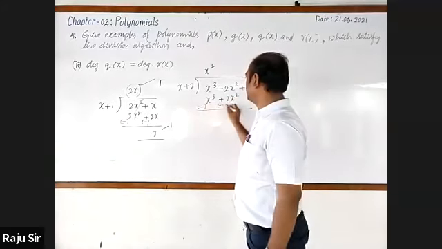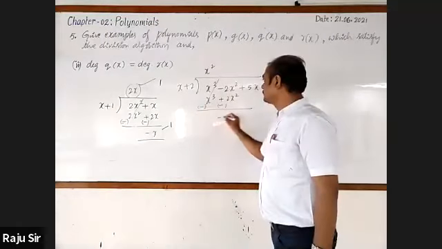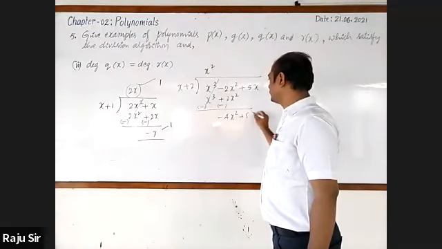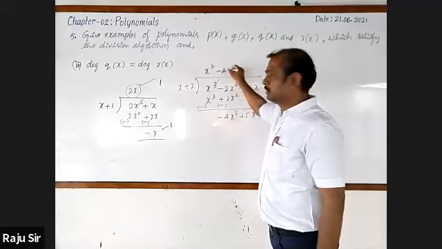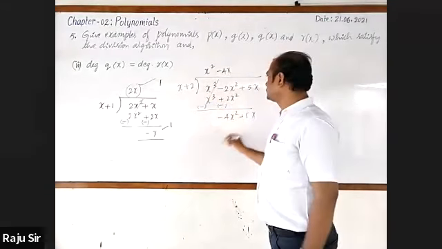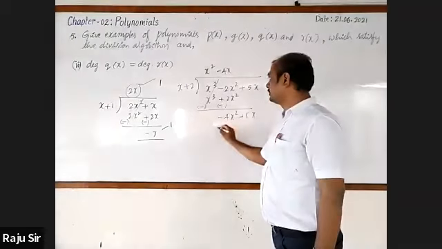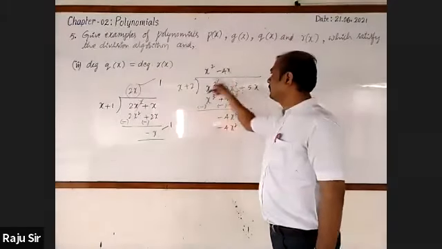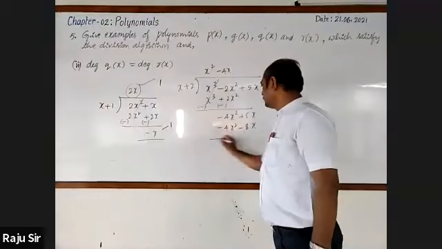Right. Minus minus get cancelled. This is minus 4x square. What should be multiplied? 4x. Minus 4x into x, minus 4x square. Minus 4x into 2, minus 8x.